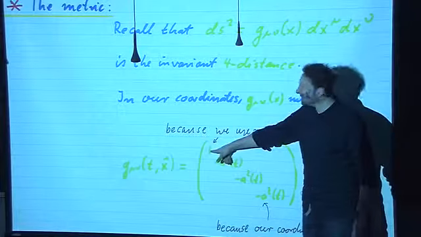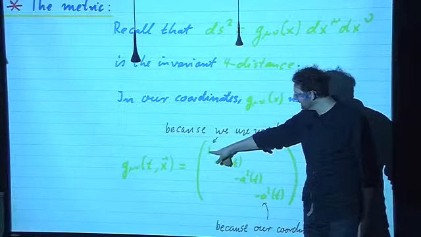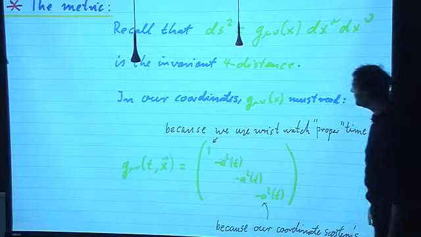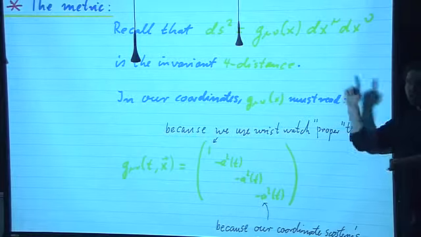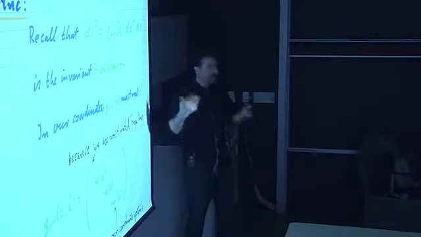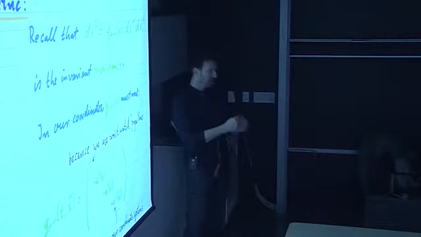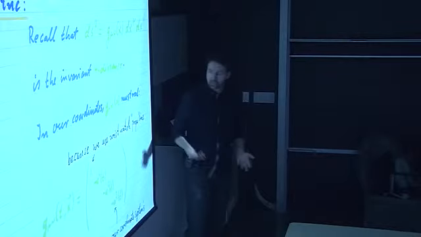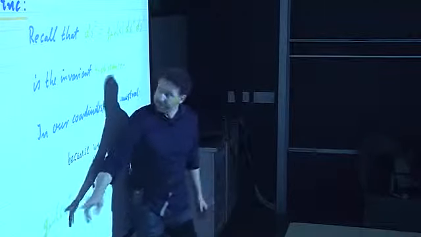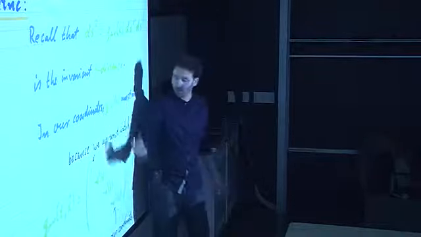Well, there's a 1 here in the 0,0 component, and that's because when we measure the proper time of somebody going along with the Hubble flow, that was our time definition, right? Then it is the proper time, by definition. Which means that if we are not moving in space, if we're just measuring a time, we are measuring proper time. So in this case, the ds squared is the dt squared, and there ought to be just a 1.